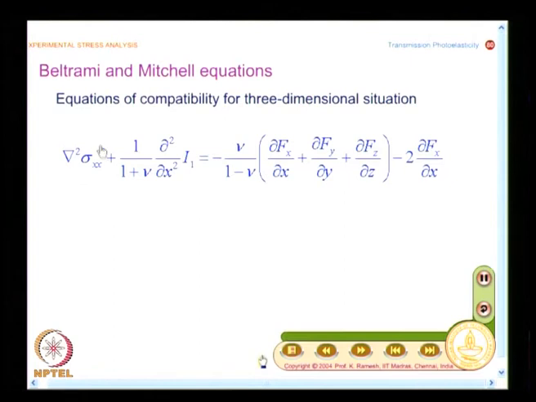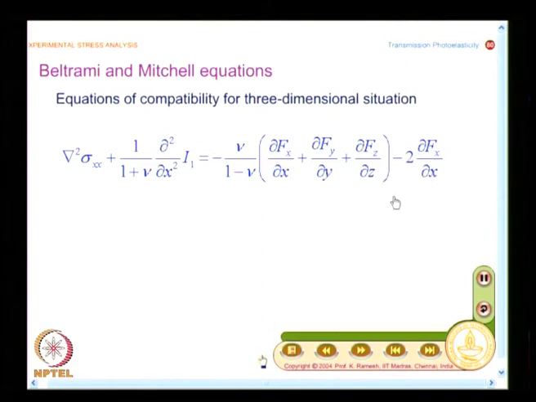So, I have this as del squared sigma xx plus 1 by 1 plus nu dou squared by dou x squared of I1, this is the first invariant, that is equal to minus nu by 1 minus nu times dou fx by dou x plus dou fy by dou y plus dou fz by dou z, minus 2 times dou fx by dou x.